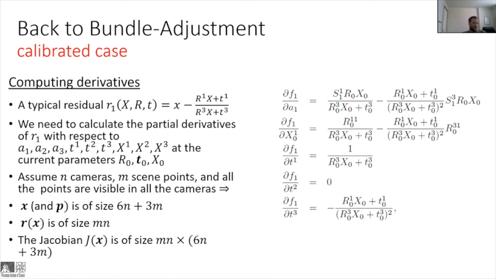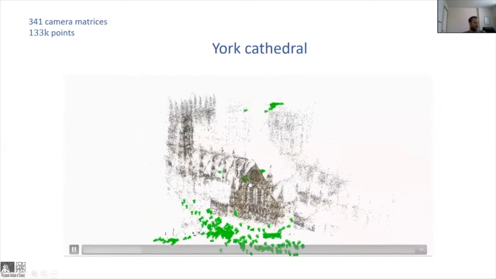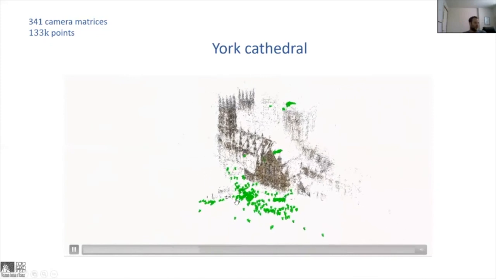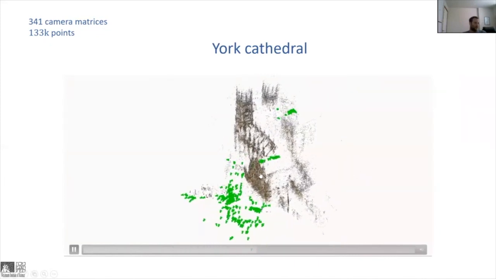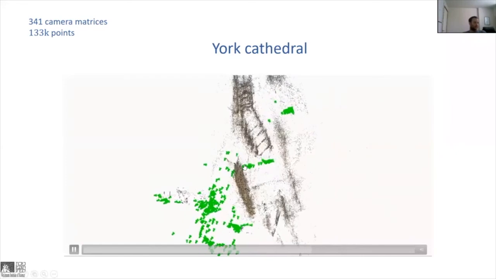And once you optimize the objective, you get this thing. So this is only a drawing of the 3D points, right?